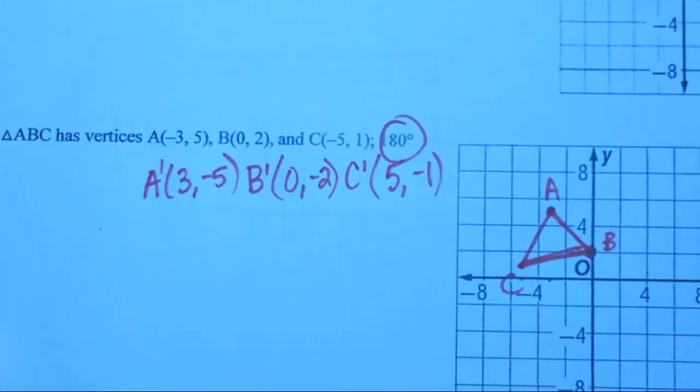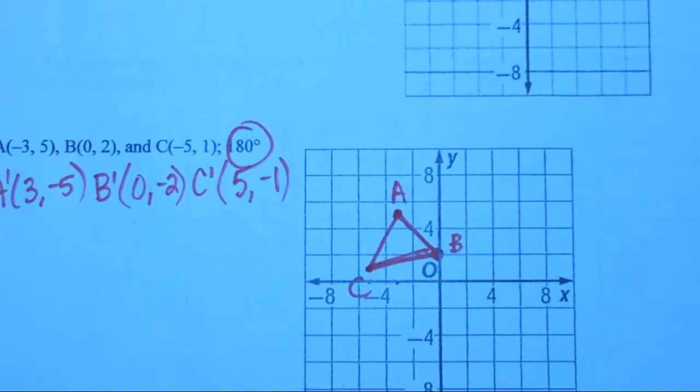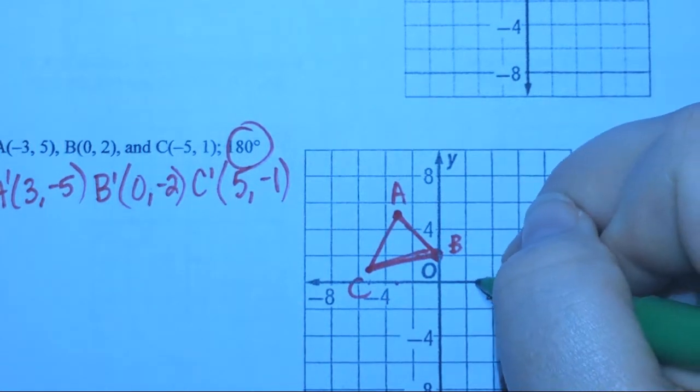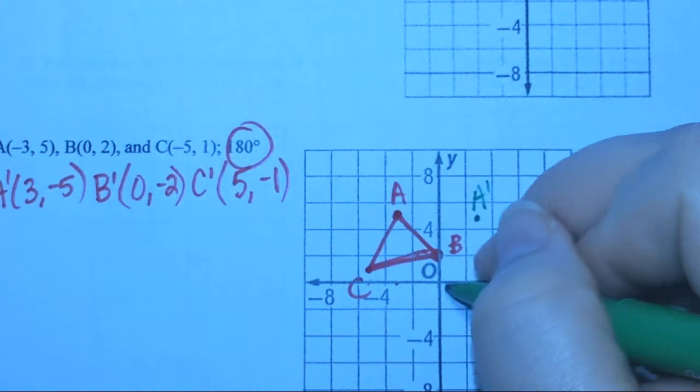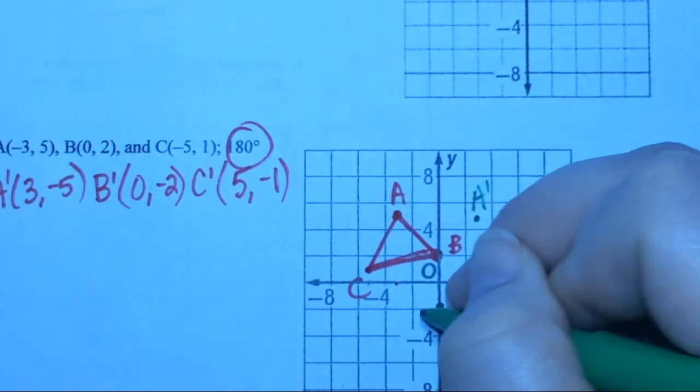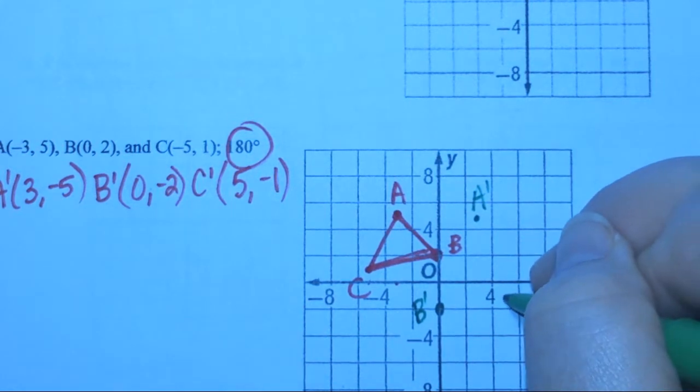Okay, so if I'm to graph this, A prime is at 3, 5. B prime is at 0, -2. C prime is at 5, -1.